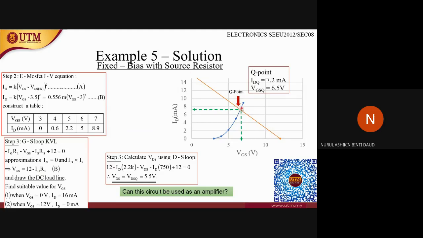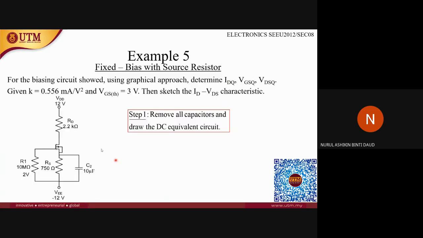The cross point between the DC load line and the transfer curve will be the Q point. So you will get straight away the VGSQ, which is 6.5 volts, and also IDQ, which is 7.2 milliamps. And then the question asks you to find VDSQ as well.